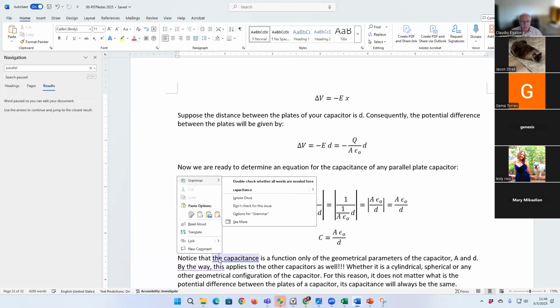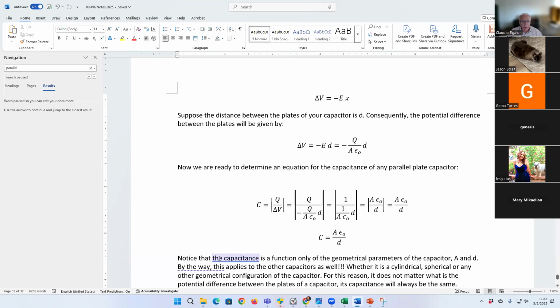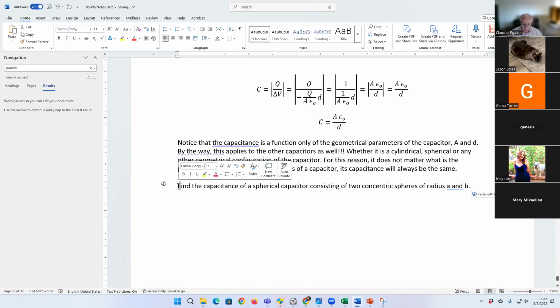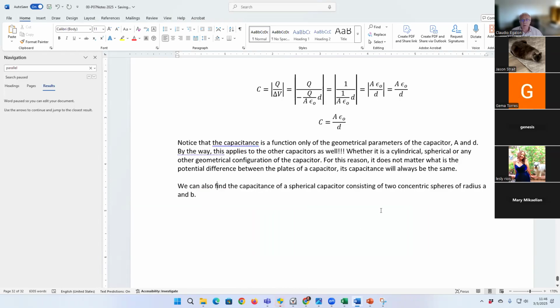Notice that the capacitance. We can now also find the capacitance of a spherical capacitor. The spherical capacitor consists of 2 concentric spheres of radius A and B. Concentric spheres, okay? That's the key here. Concentric spheres.